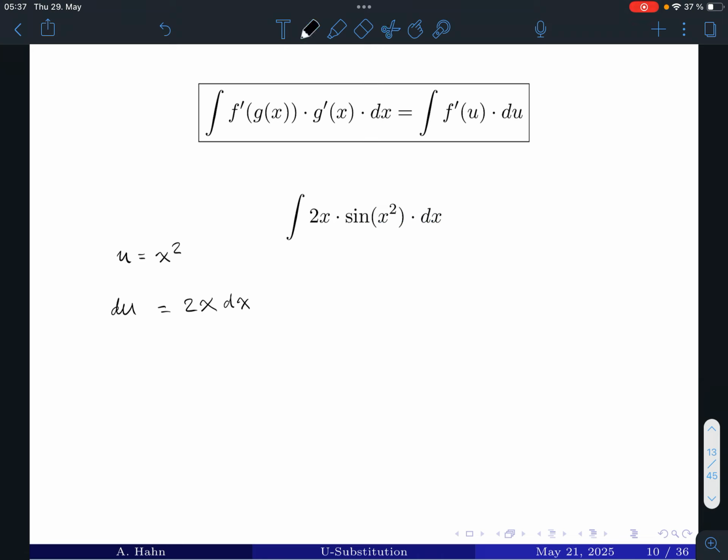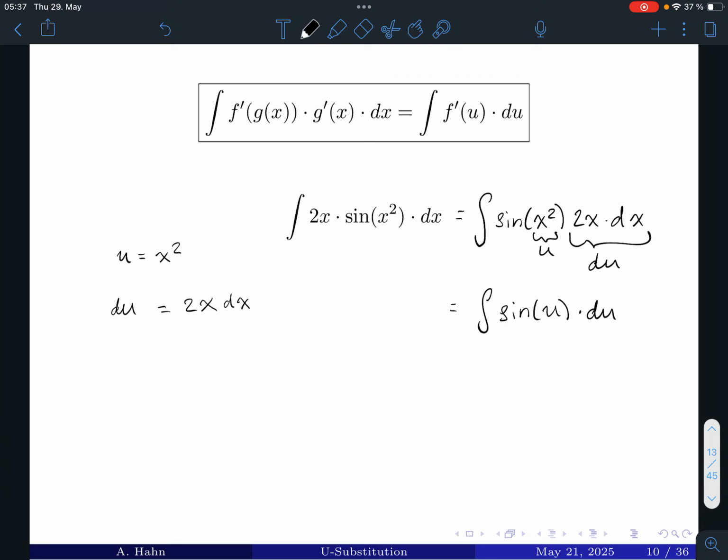So I can rewrite this first as the integral of sine of x squared times 2x dx. This right here is u, this right here is du. So this is going to be the integral of sine of u du.